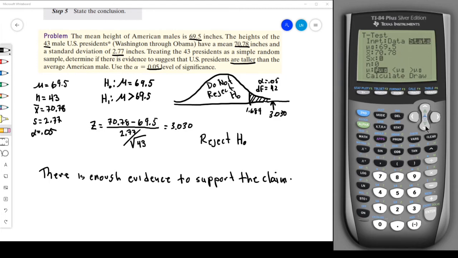The sample standard deviation is 2.77. My sample size is 43. And then I just have to choose which test I'm doing. That's determined by the alternative hypothesis: mu is greater than 69.5. So we are talking about greater than as our test.